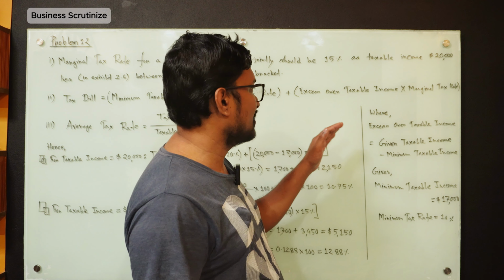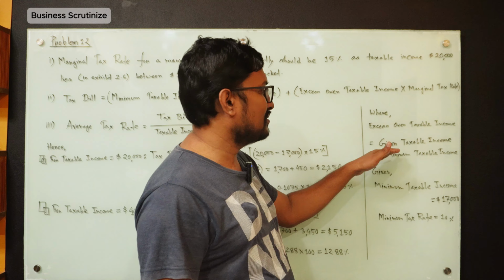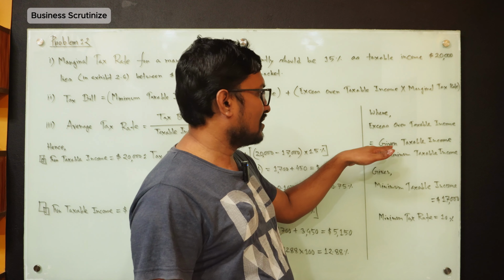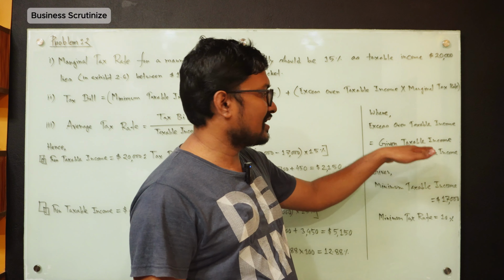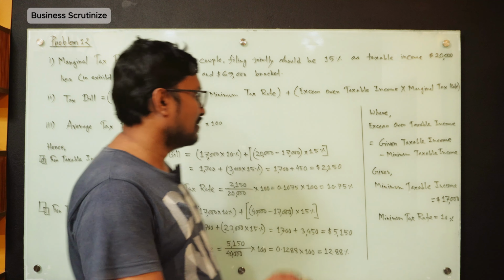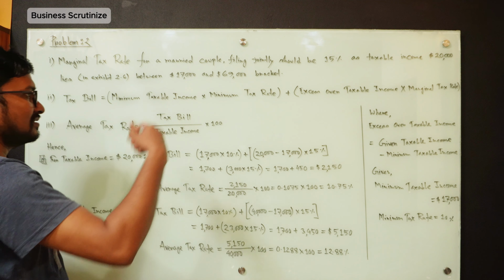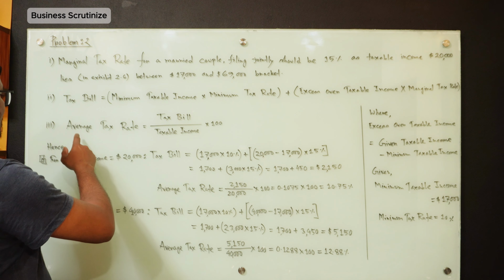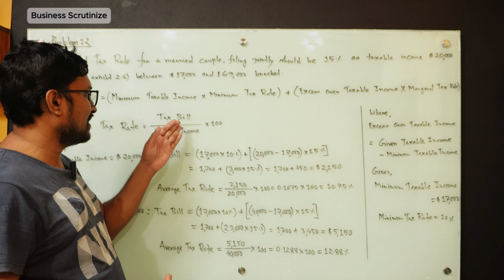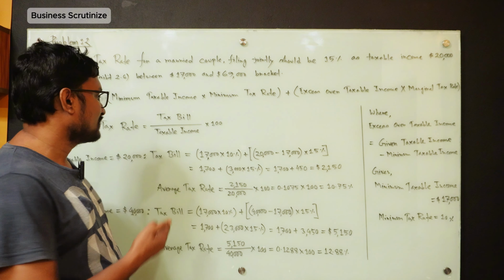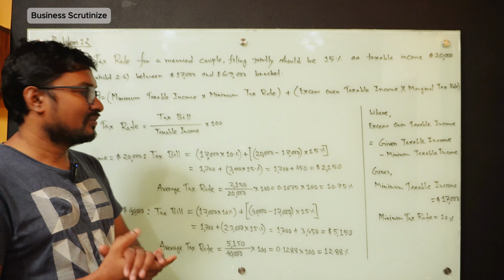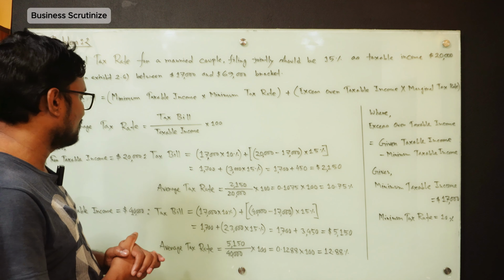To get the excess over taxable income, we can use this formula: excess over taxable income equals the given taxable income minus the minimum taxable income. For the third requirement, average tax rate, we follow this formula: tax bill divided by taxable income, times 100. This is the formula we first have to remember.